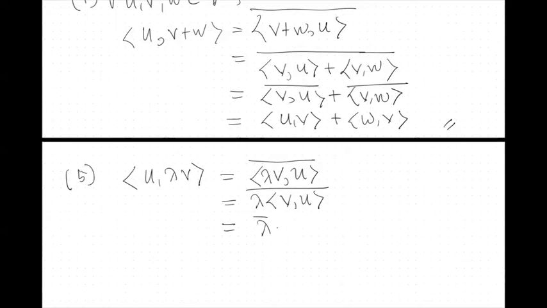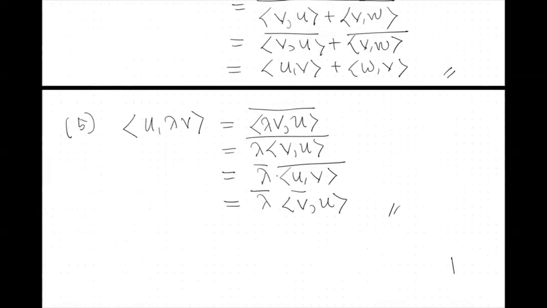And then the conjugate of this is, let me write it explicitly, the conjugate of lambda times the conjugate of the inner product of v and u. The conjugate of this one is the inner product of u and v. And this is what we want. So we have completed the proof.